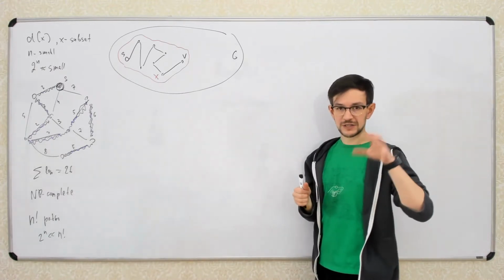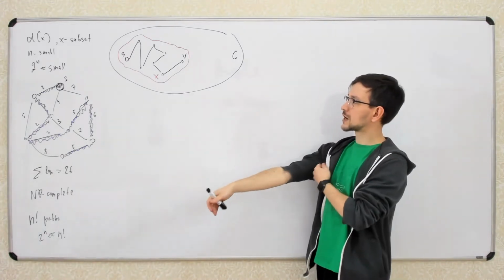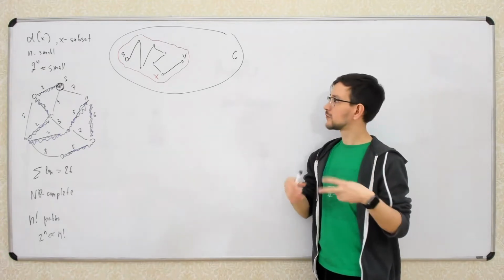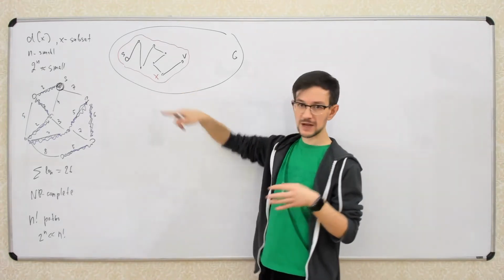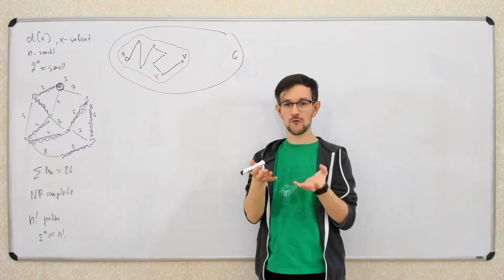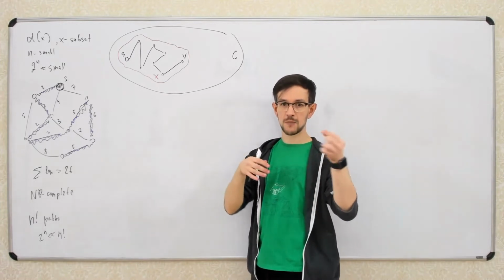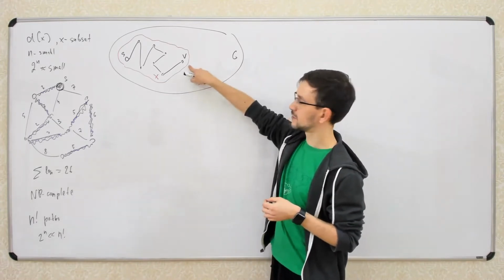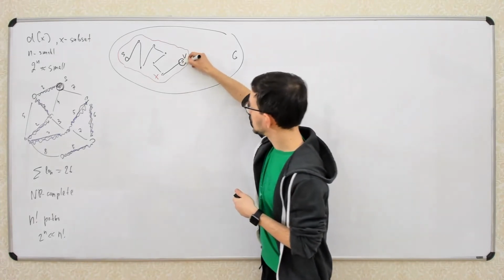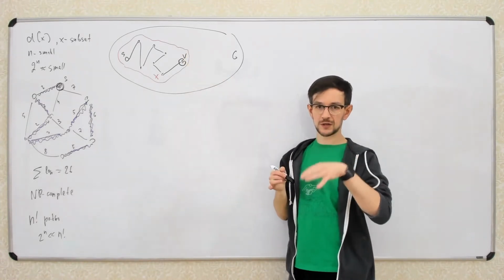And now our state is fully described by two variables. The first variable is this subset X. This is the subset of vertices which are already visited by the path. And this last vertex is where we're standing now.